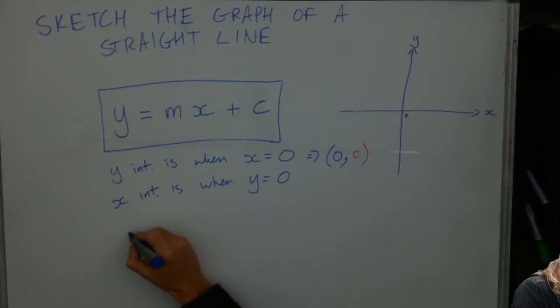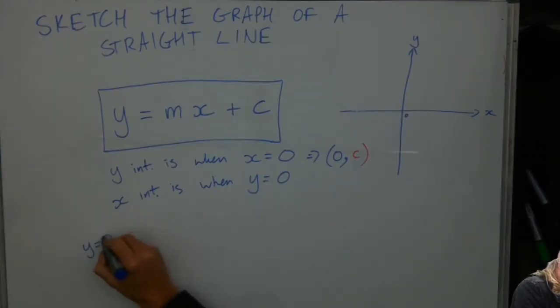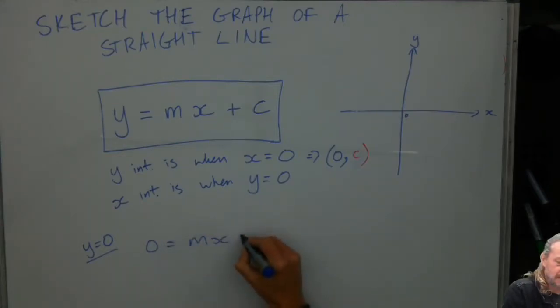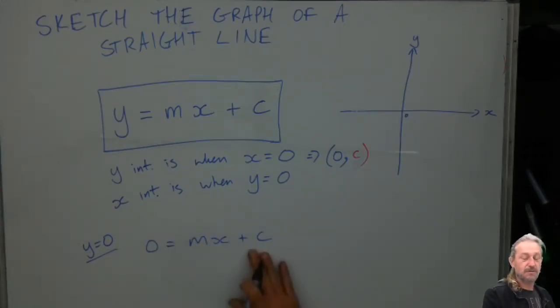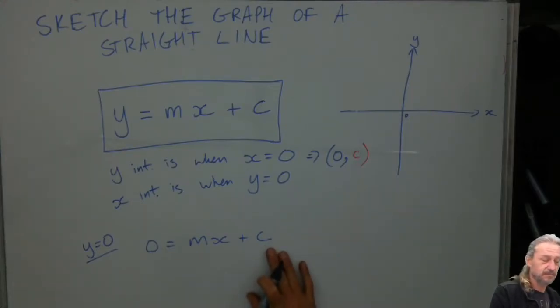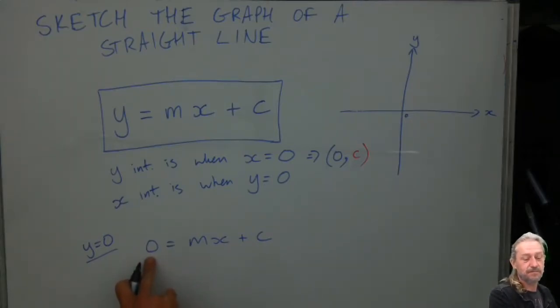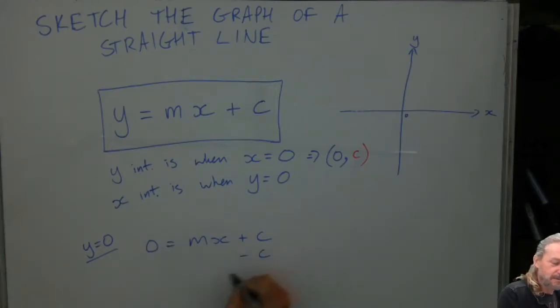So if we let y equals 0, we say 0 equals mx plus c. Don't forget, this c could be negative. If we want to rearrange to find out what this x value is when y equals 0, we'll take c away from both sides. So we end up with negative c equals mx, and then we'll divide both sides by the gradient, so that cancels.